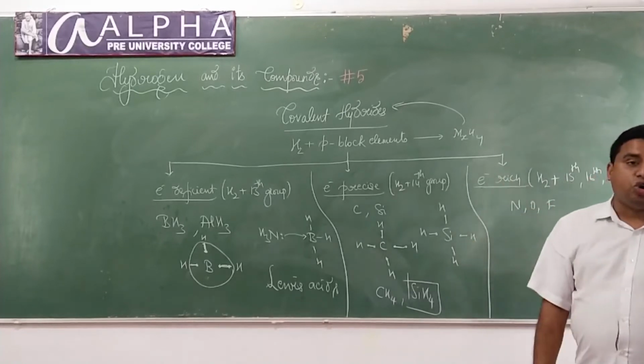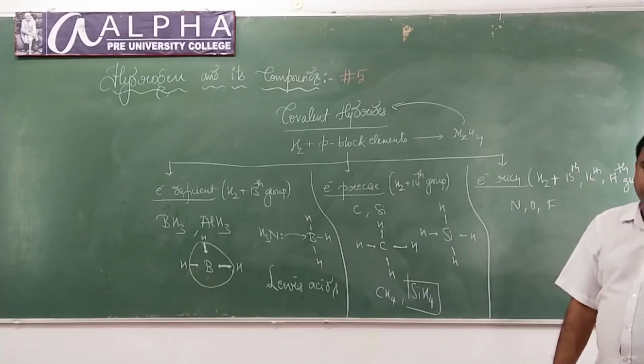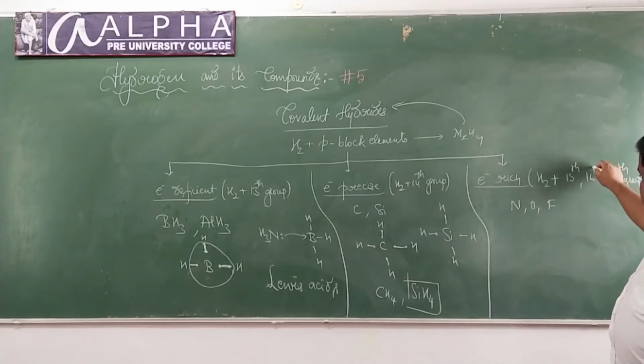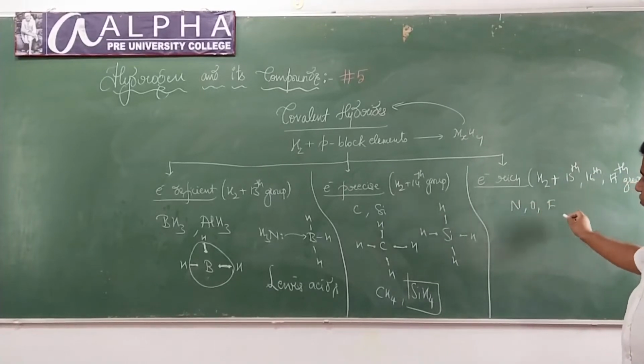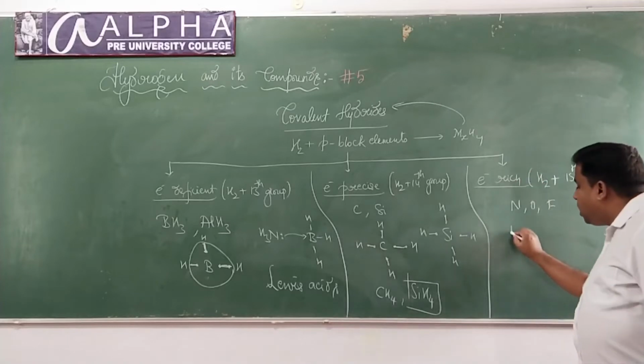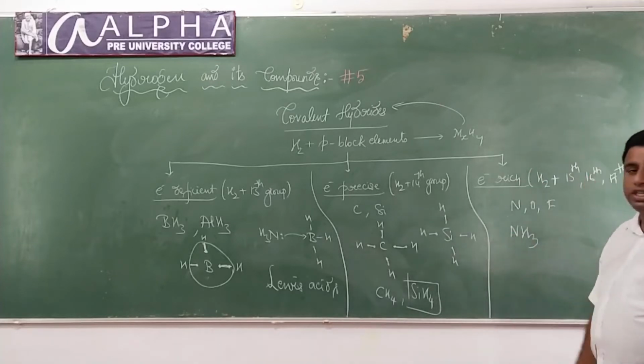It will form electron rich hydrides, isn't it? For example, ammonia is an electron rich hydride.